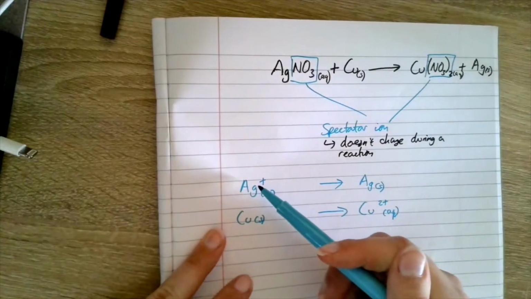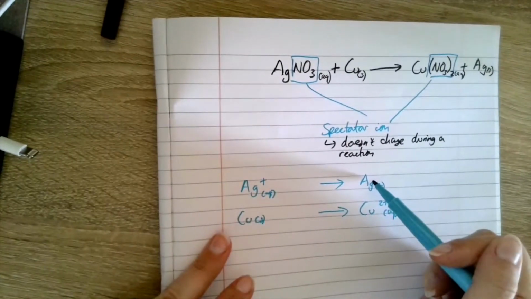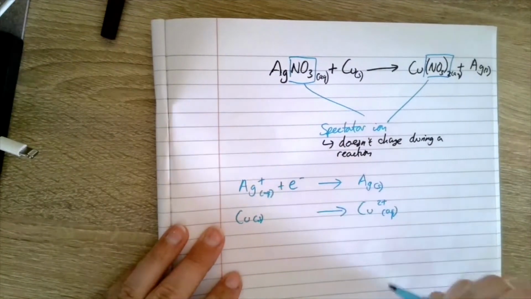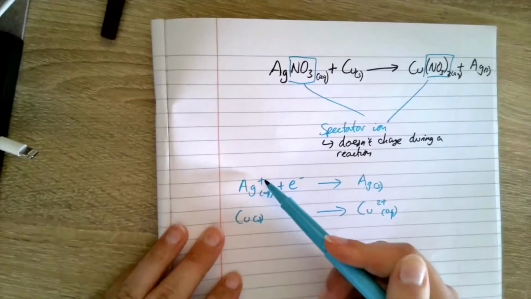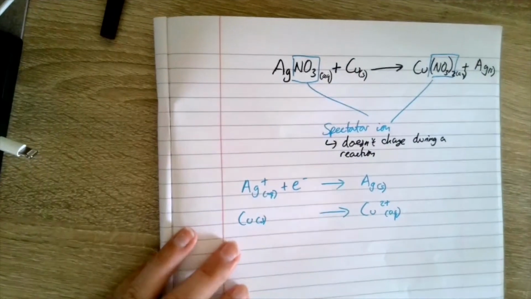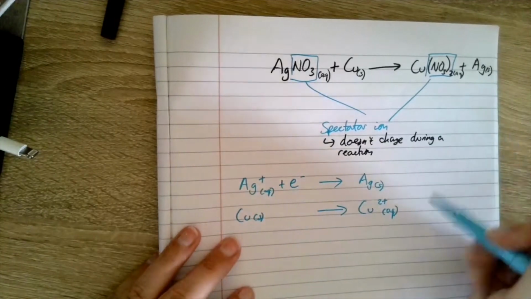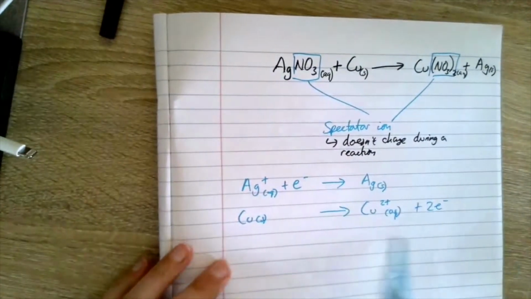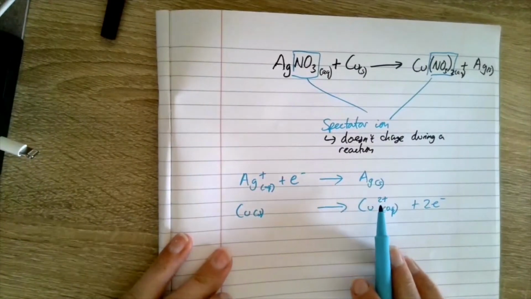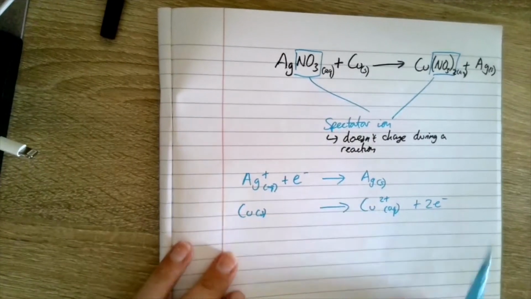Well, in order to go from plus to neutral, we must have gained electrons. One electron is gained because it's a +1 to -1 in order to get to 0. And our Cu must have lost 2 electrons in order to go from copper to copper 2 plus in order for it to be oxidized.